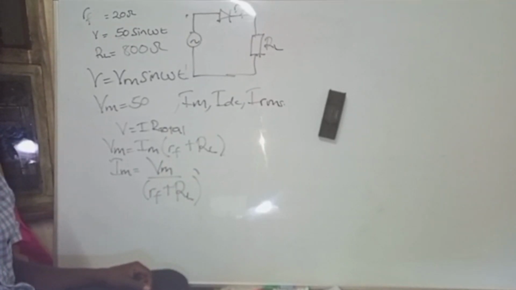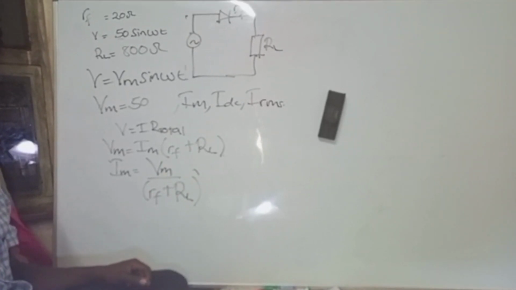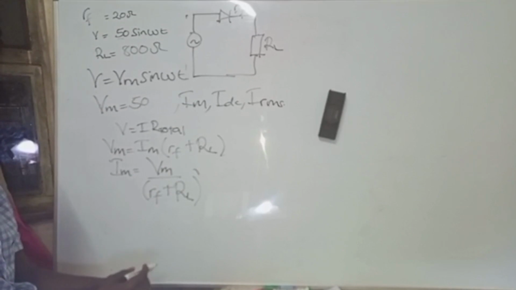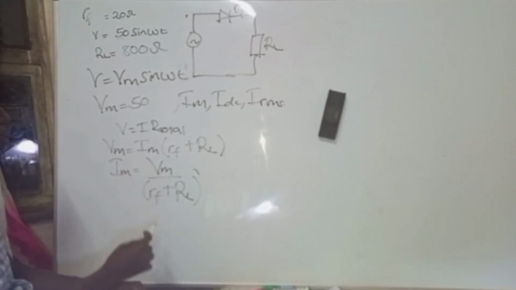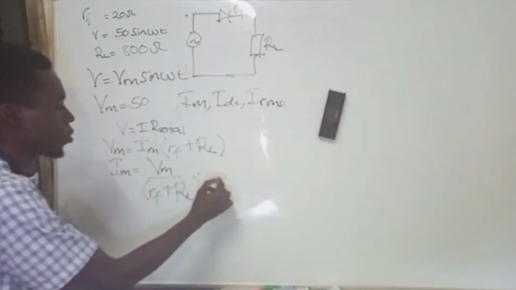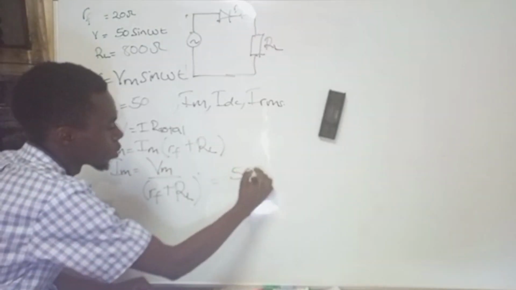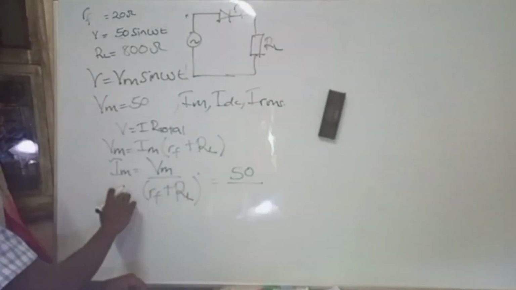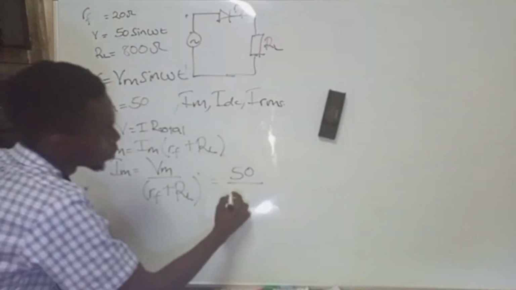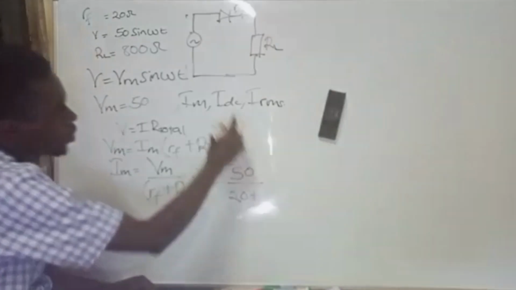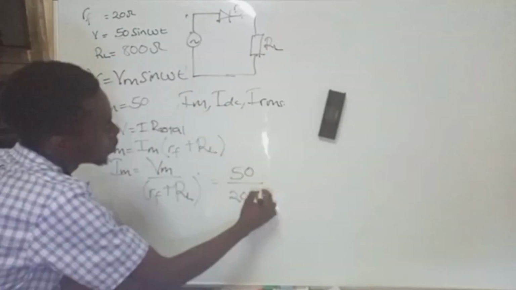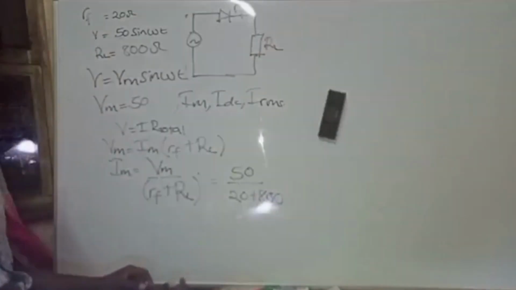So as you can see, what is left is just simply substituting for these particular values. So this is going to be equal to my Vmax, which was 50, over my RF, which was 20, plus my RL, which is 800.